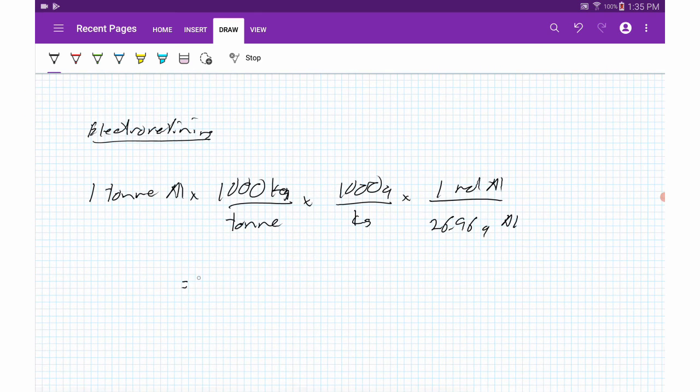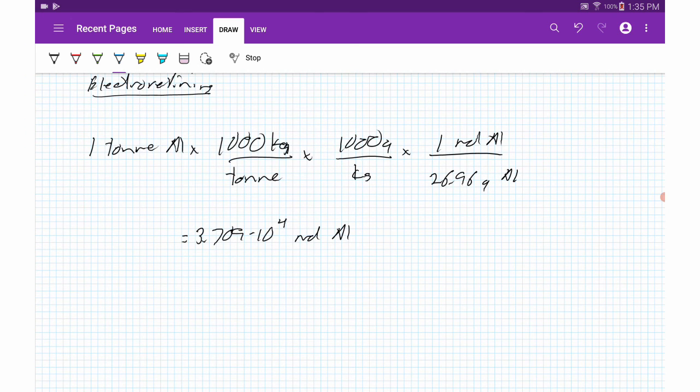When you plug all that into a calculator, you get 3.709 times 10 to the 4 moles of aluminum. Aluminum only has one oxidation state, and that is the aluminum 3+ ion. So the reaction is a 3-electron process.